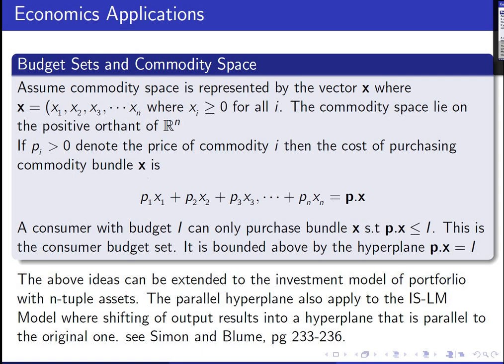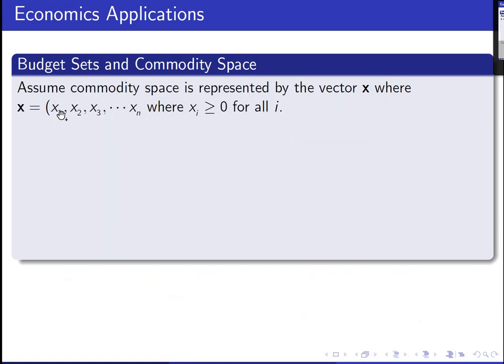For instance, in your commodity space, or goods space, you consume more than 2 products, right? There's so much that you consume. For instance, our vector x will be the commodity space made up of x1, x2, x3, all the way to xn, because we don't live in a two-good world, right?